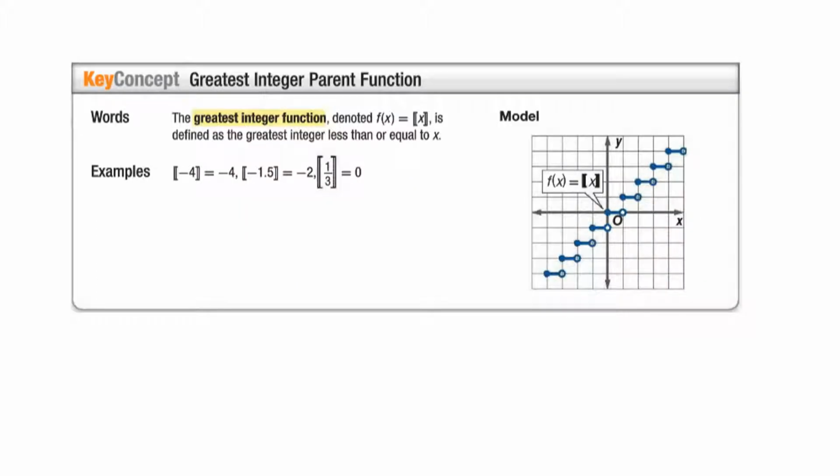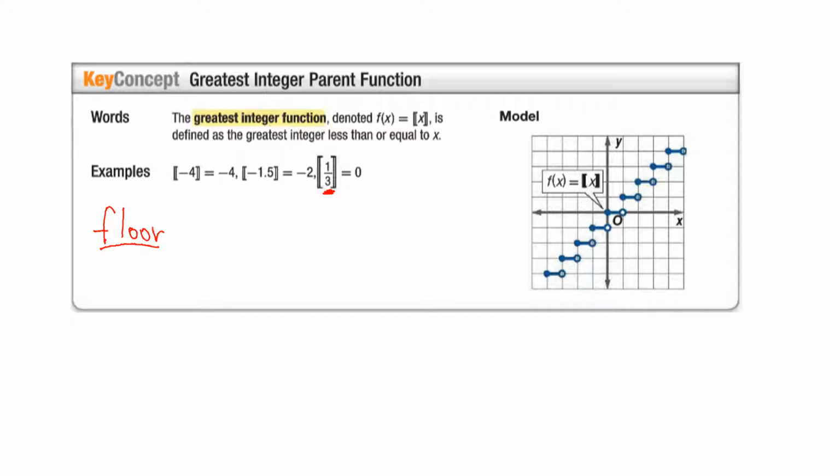The greatest integer function. Now I know this function as the floor function. Okay, the floor function is basically the integer just underneath your fraction. For example, if I have 1/3, the full integer that's beneath that.